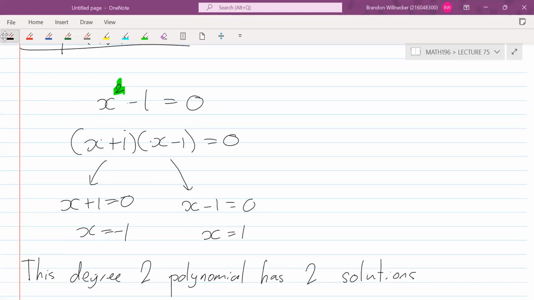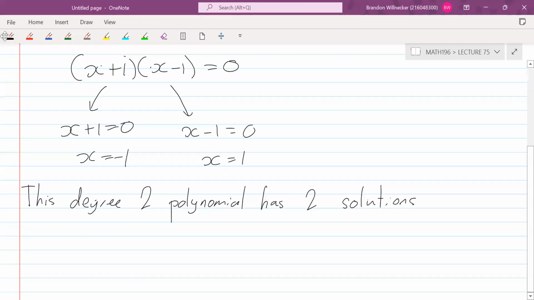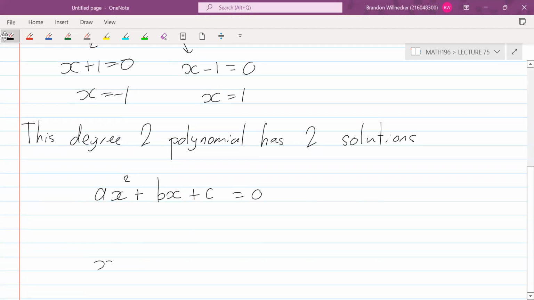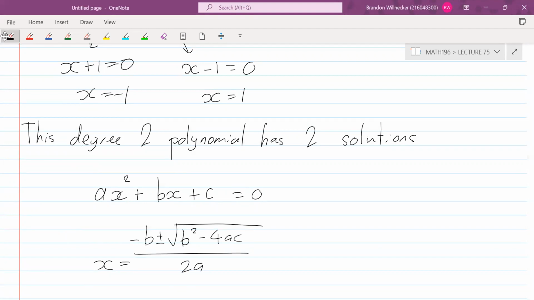And you'll know that if you have a general quadratic, something like ax squared plus bx plus c is equal to 0, then we can use the quadratic formula and we also get our two solutions. So we get x is equal to minus b plus or minus, so that's where the two solutions come from, the square root of b squared minus 4ac, over 2a. And again, we get our two solutions.